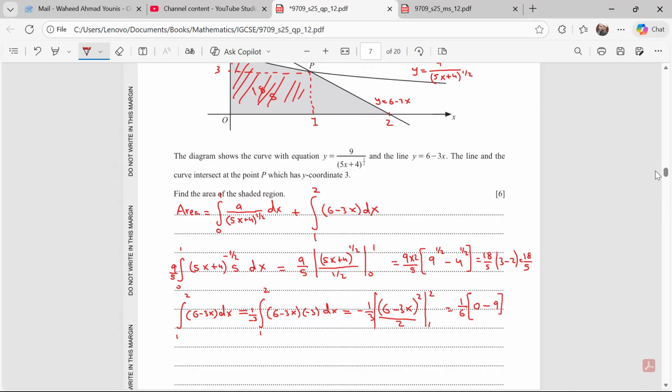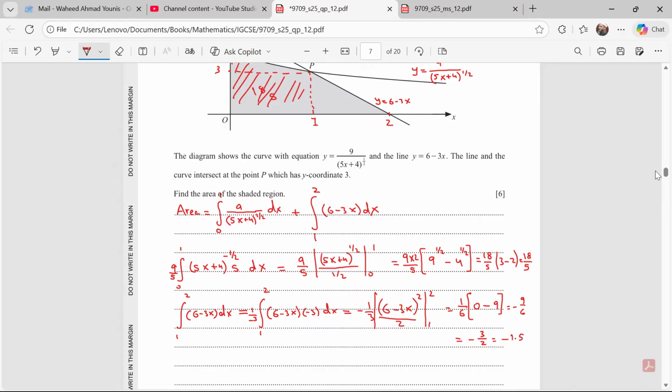I hope I'm doing it right. So this would be minus 9 over 6, which is basically minus 3 over 2. So minus 1.5.